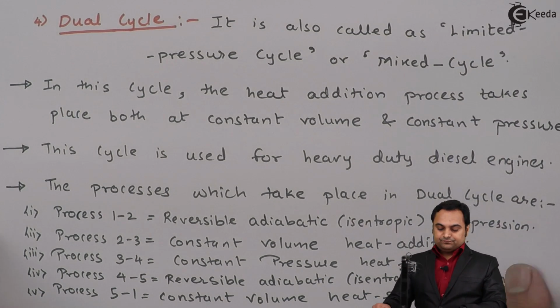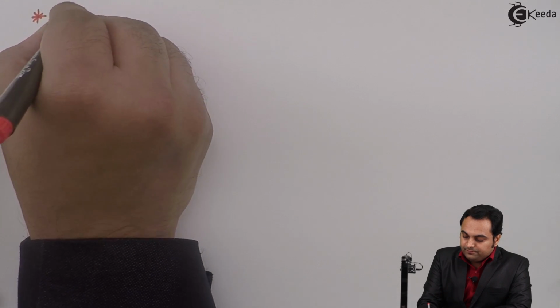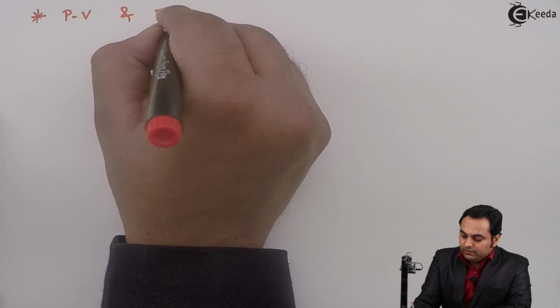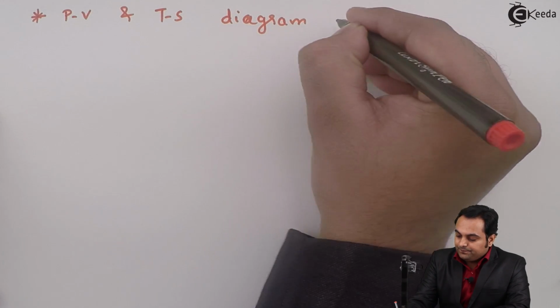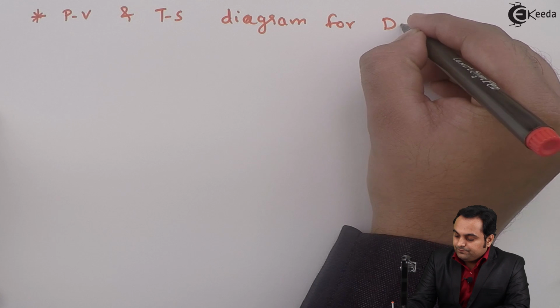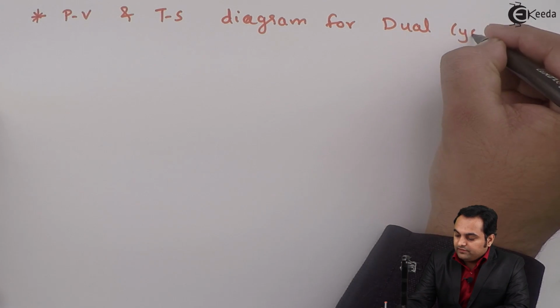And here I'll explain these processes on PV and TS diagram. So it is PV and TS diagram for dual cycle.